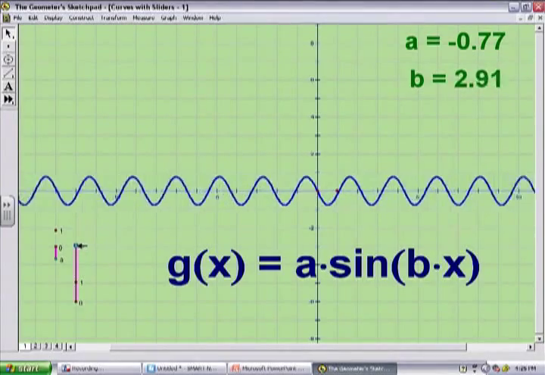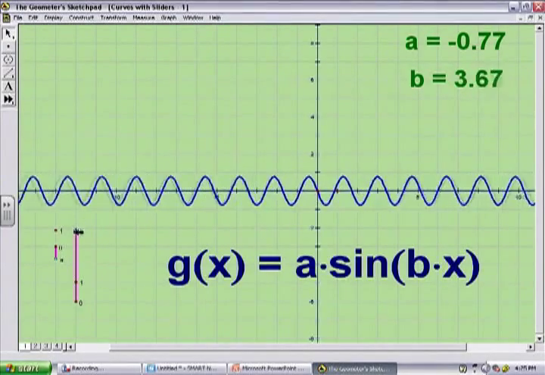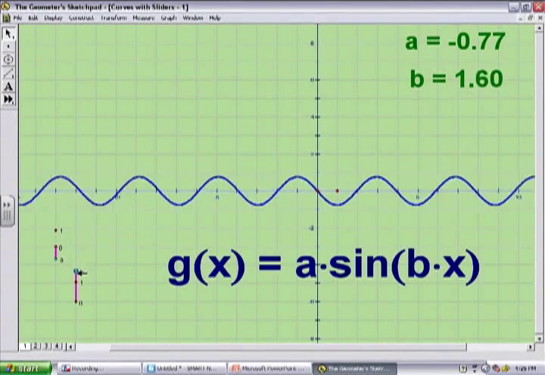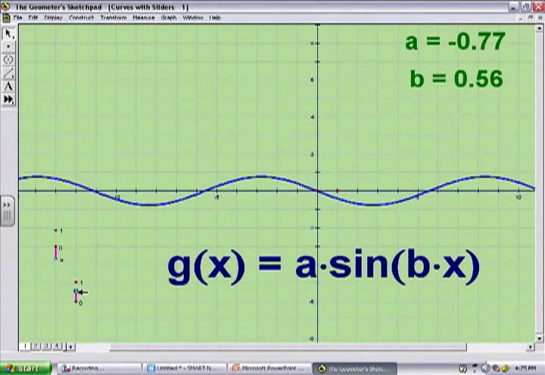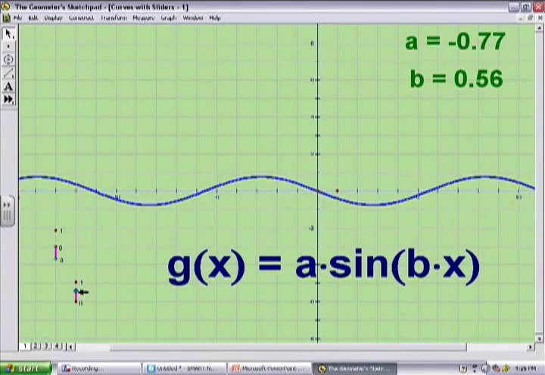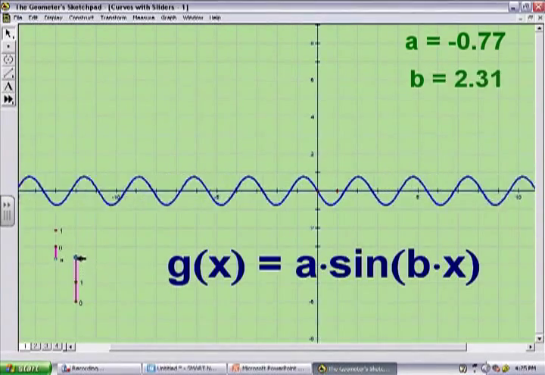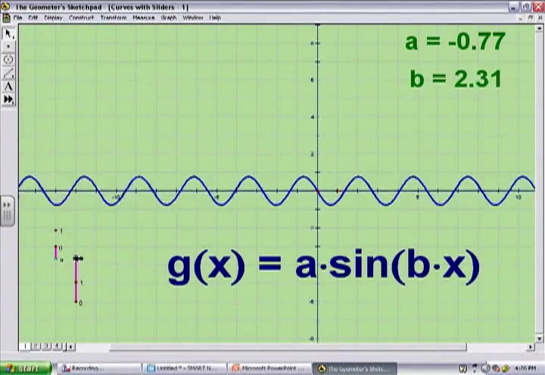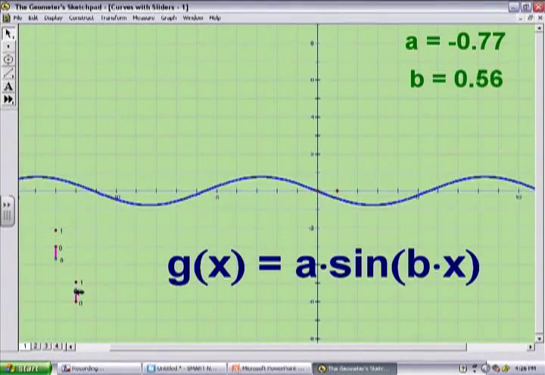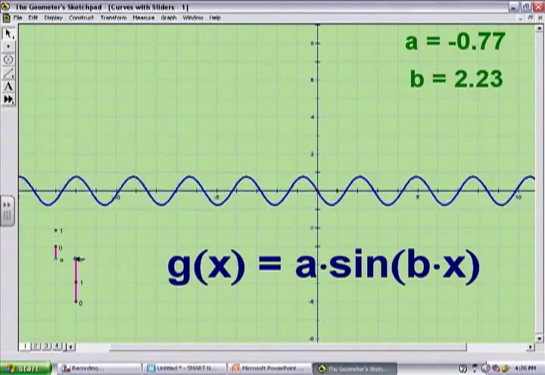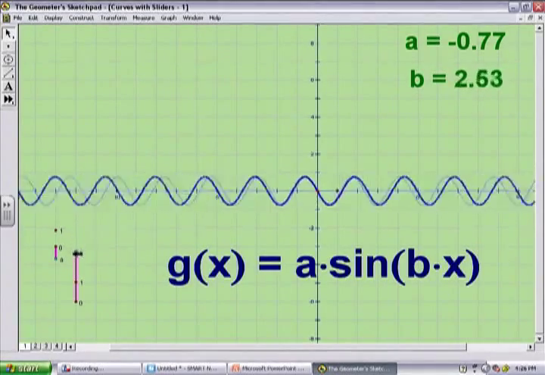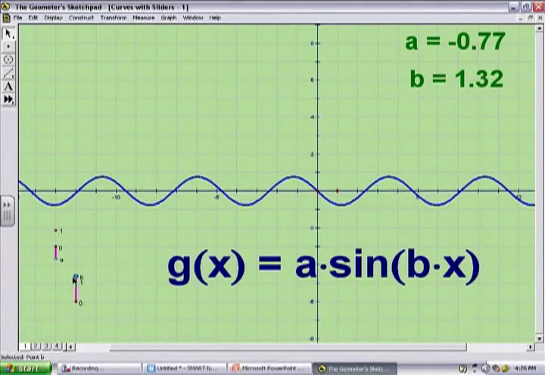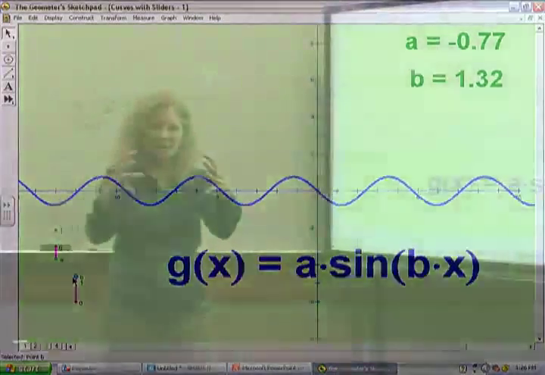First off, how would you describe what's happening to the graph here? As B gets small, what happens? And as B gets bigger, what happens? And the last thing to pay attention to as I keep playing is where it is anchored. Where is that spot from which it's moving?